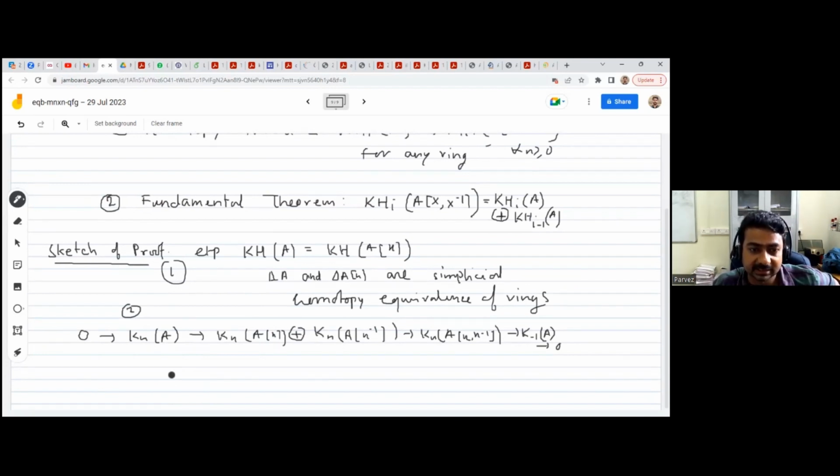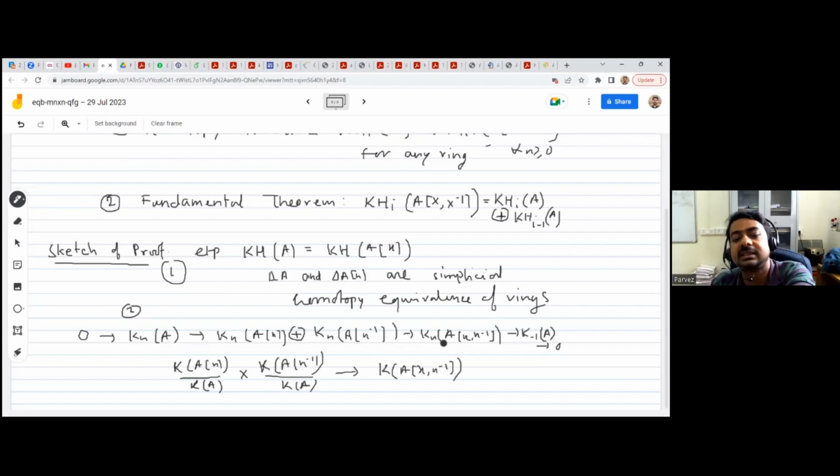So instead of writing n, you write K of A[x], and take the cofiber with K of A[x^{-1}] and go modulo the cofiber. Still, we then have a map to K of A[x,x^{-1}], right?